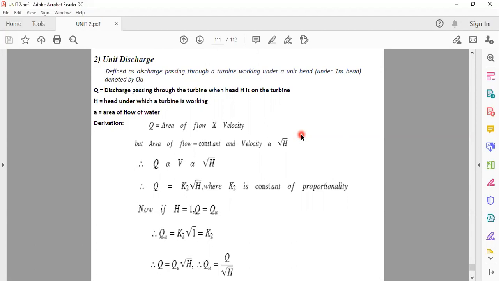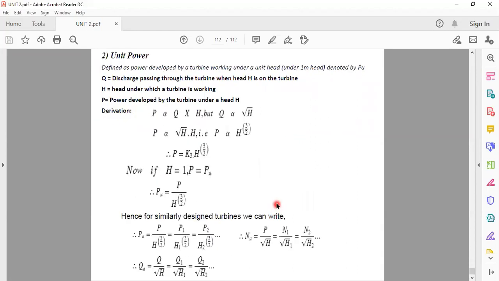So put the unit value H equal to 1, then Q equal to Qu for unit discharge. Now unit discharge equals K2. So put this value in our equation. After putting, we are getting Q equal to Qu under root of H, which means unit discharge equals Q upon under root of H.